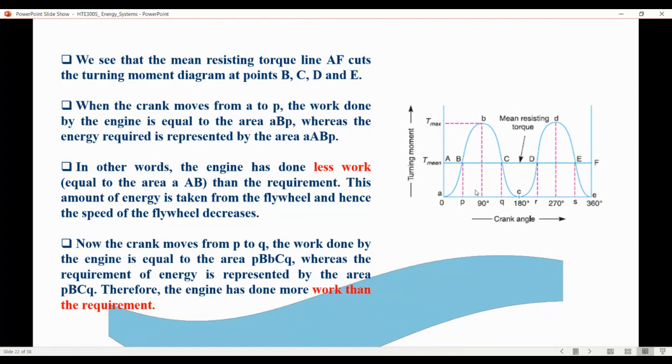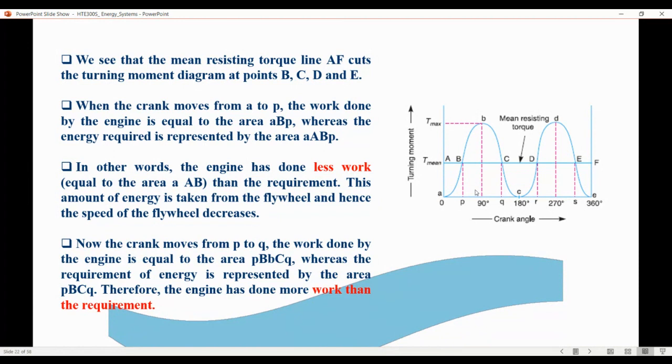But when it moves from P to Q, the work done is small p, big B, till small b, and then it goes down to C, and then Q, the whole area under the curve, which is just small p, B, big C. Don't worry too much about that.